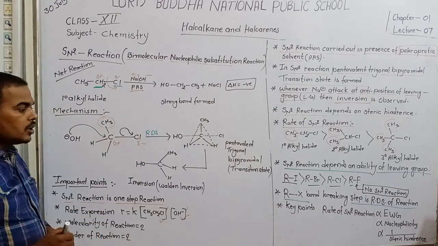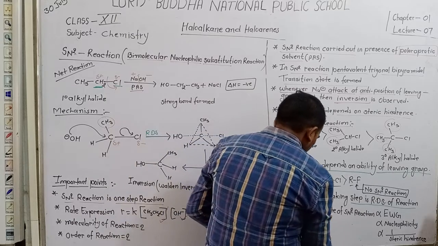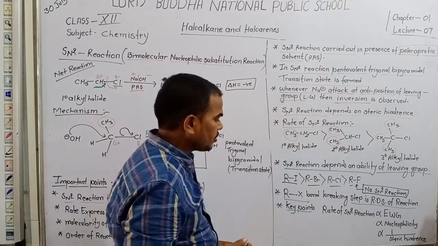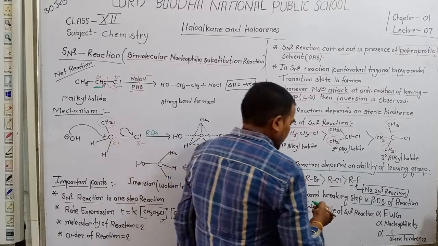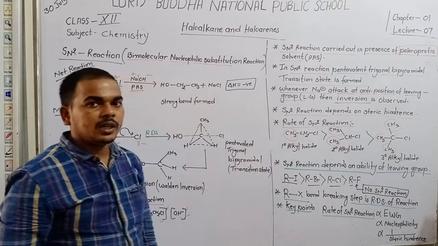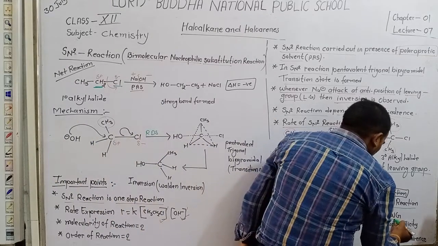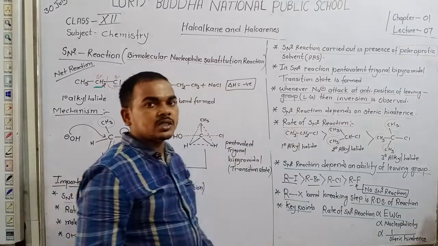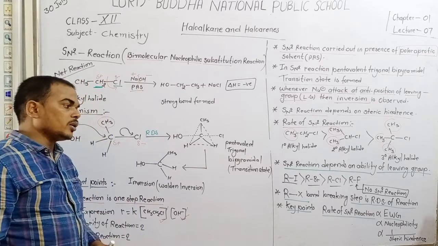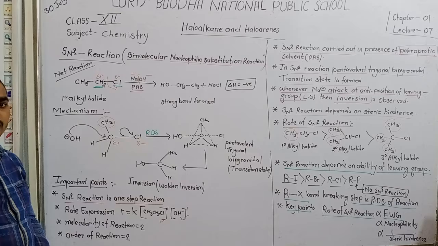Okay student? Dear student, some key points to keep in your mind. First, the rate of reaction is directly proportional to the electron withdrawing group. EWG means electron withdrawing group. What does electron withdrawing mean?